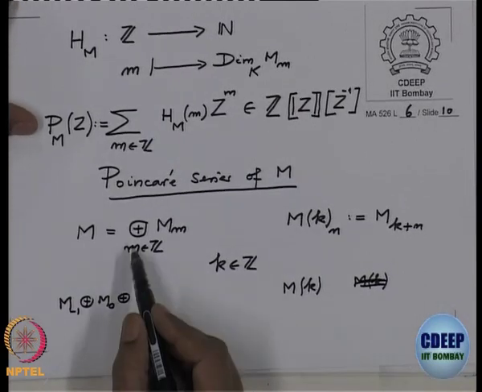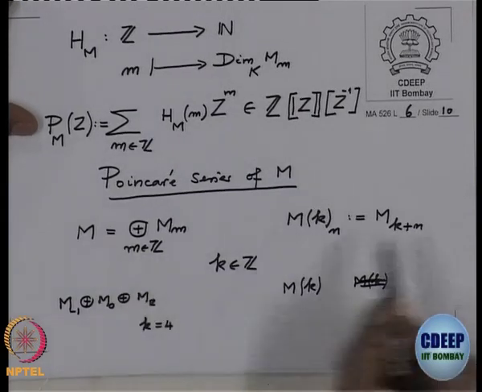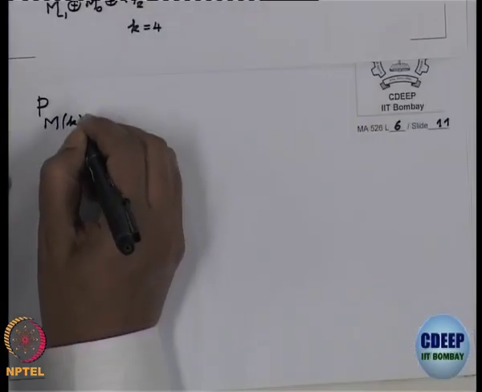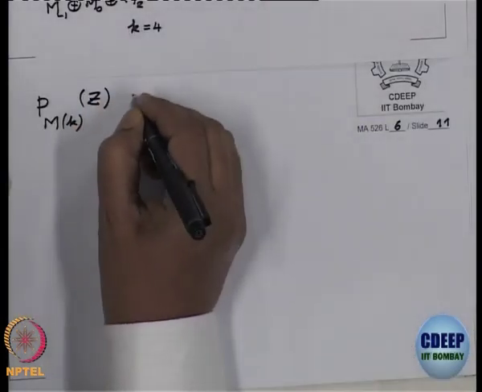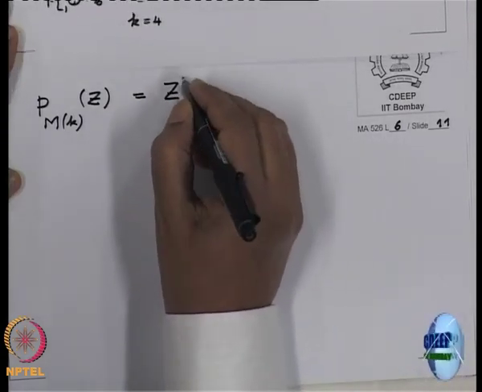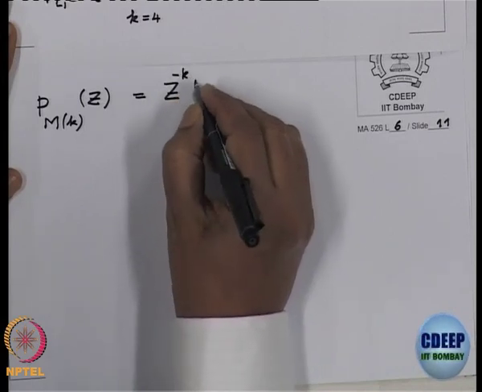Okay, so the obvious question is, what is the relation between the Poincare series here and the Poincare series there? So obviously the Poincare series of M(k) is z to the power minus k times P_M.